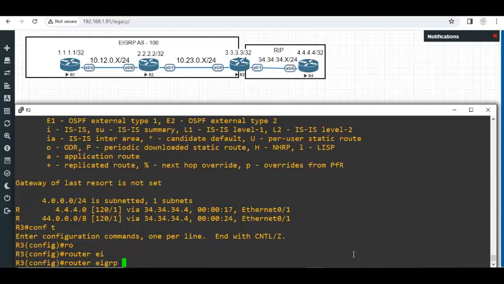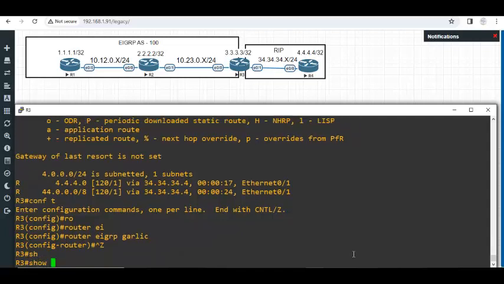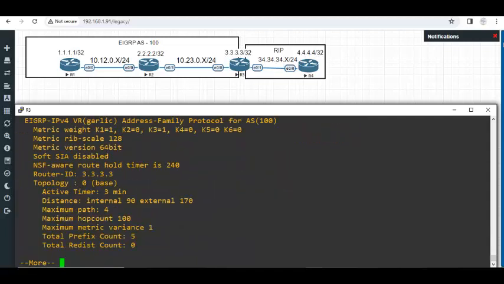And then, wait, let me see what spelling I gave. Show IP protocol. Garlic spelling, what I gave, GARLIC. Okay. That's right. Now I need to go to address family.